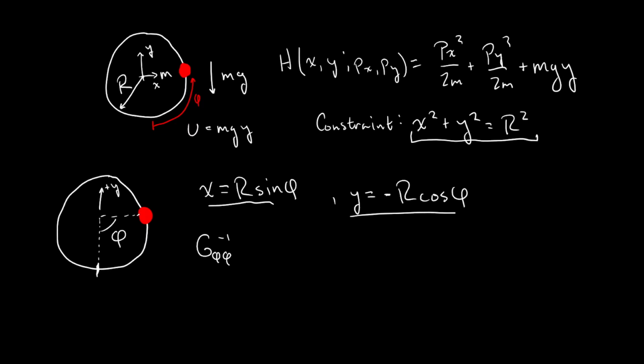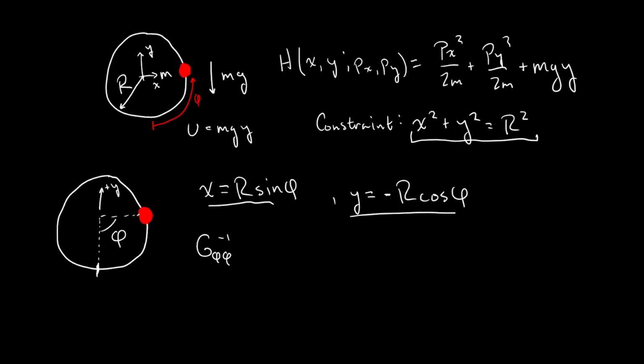So the magic of this generalized system is that I can choose a set of coordinates where constraint equations are unnecessary. In fact, I could choose any one parameter that I want such that this constraint equation is satisfied. That's really nice about using this generalized framework.